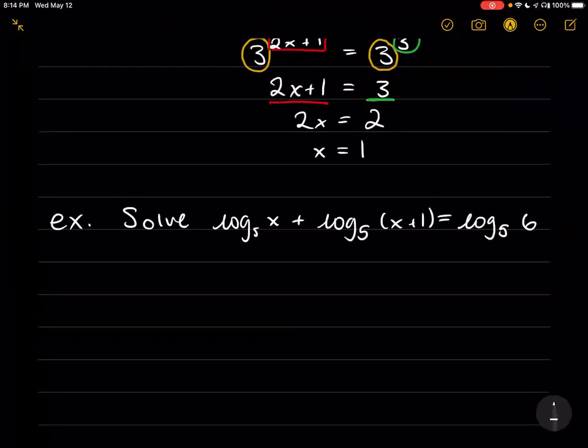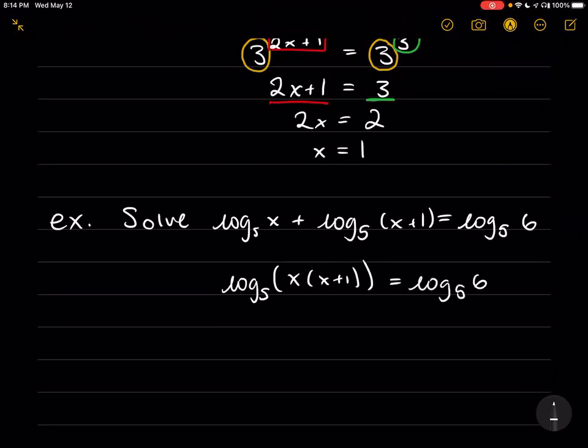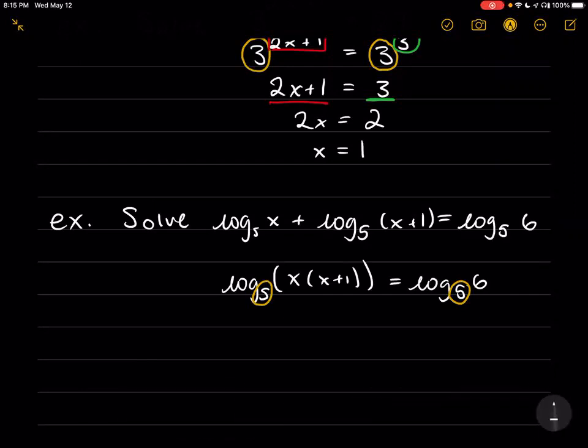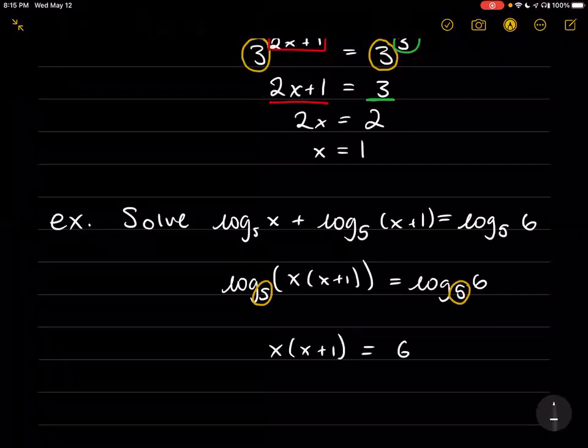So I'm going to write this as log base 5 of x times x plus 1. And that's equal to log base 5 of 6 from the other side. Now notice that we have a log base 5 on both sides. Since they're the same base, and they have to be the same base for this move to work, we can say that x times x plus 1 equals 6.